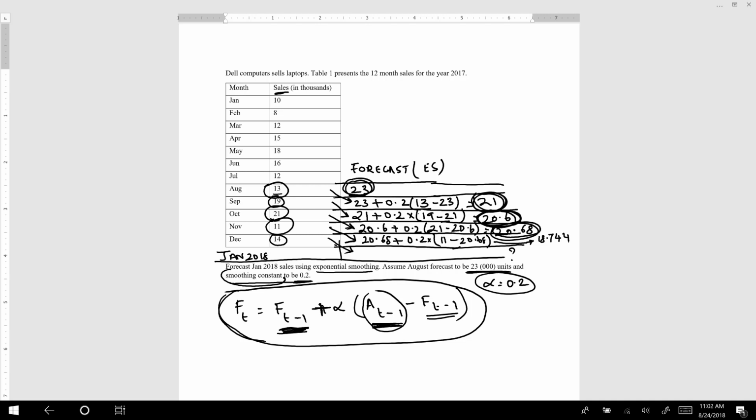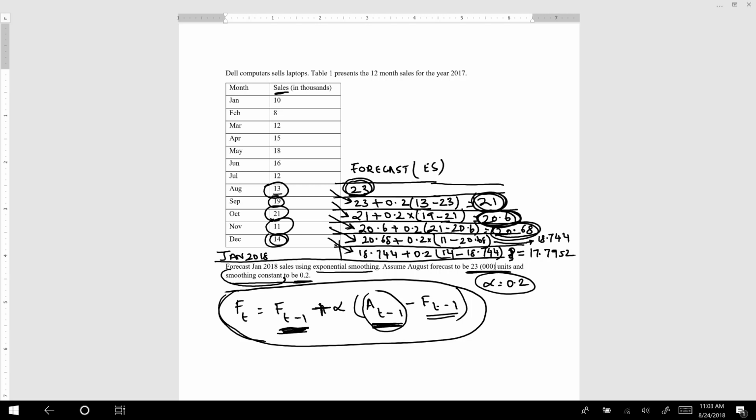So we have December's forecast, 18.744, plus alpha 0.2 multiplied by December's actual value 14 minus 18.744, which is the forecasted value. This is going to give me 17.7952.